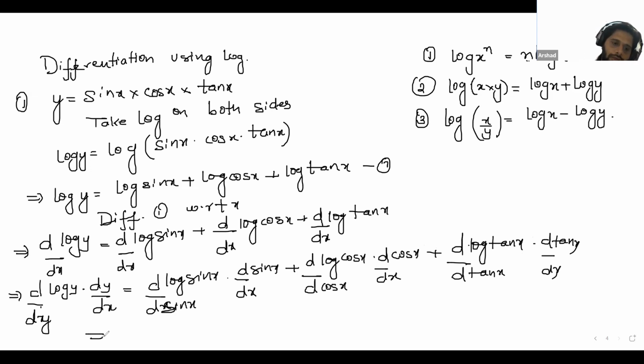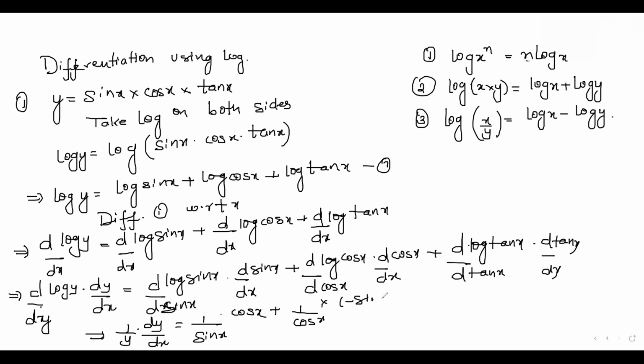So here what we will get: derivative of log y is 1 by y into dy by dx. Here the derivative of log sin x is 1 by sin x, and this is cos x, plus 1 by cos x into minus sin x.